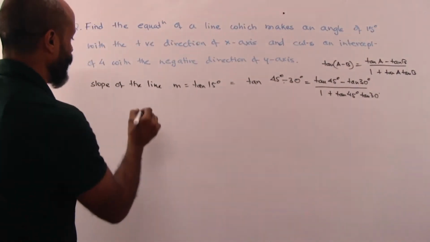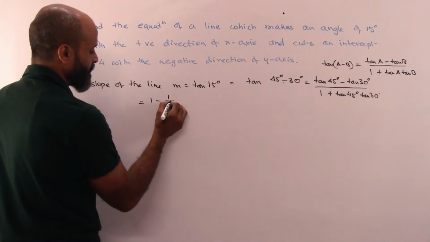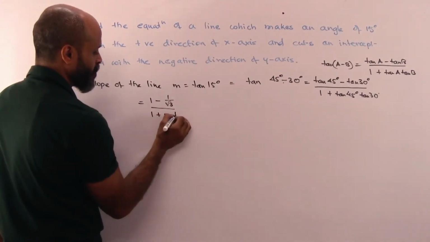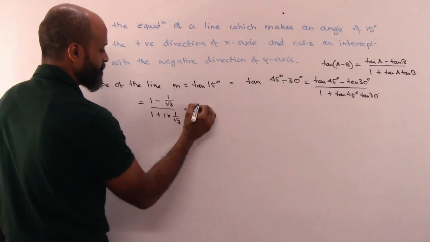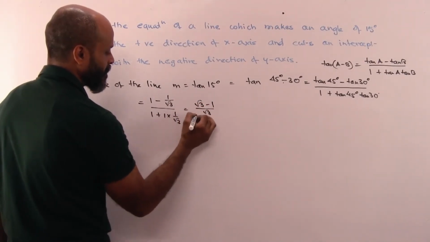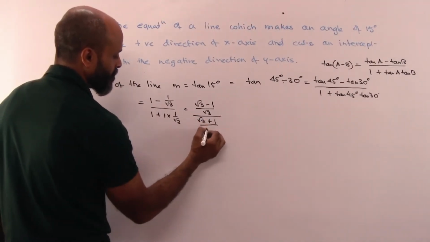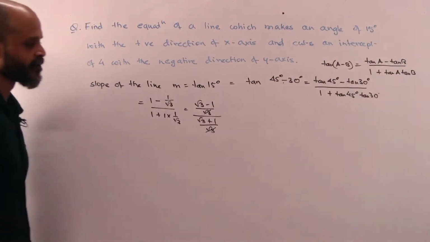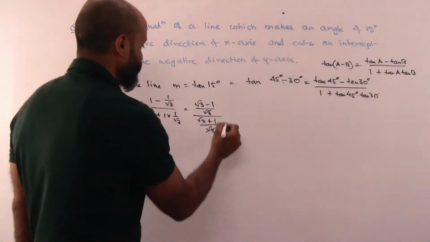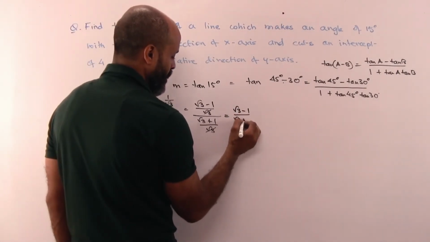Tan 45 we all know is 1, tan 30 is 1 by root 3, so this is (1 minus 1 by root 3) upon (1 plus 1 into 1 by root 3). So this will be (root 3 minus 1) upon root 3 over (root 3 plus 1) upon root 3, and the root 3 in the denominators cancels for both. We have (root 3 minus 1) upon (root 3 plus 1).